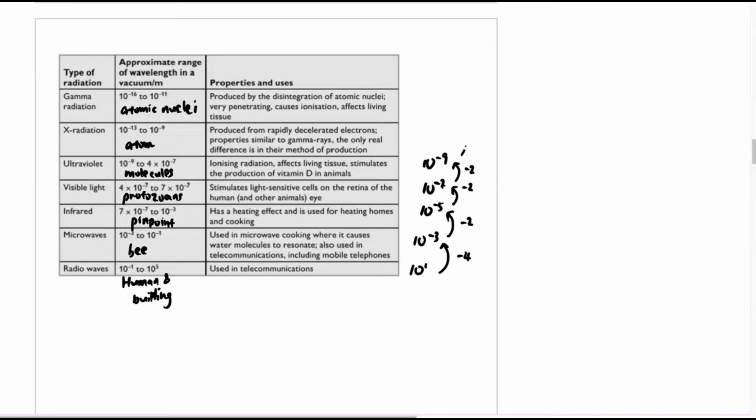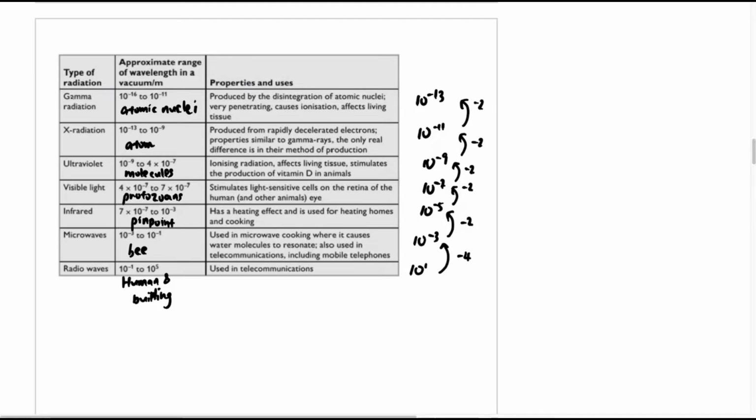Then minus 2 again, 10 to the power of negative 11. Then minus 2 again, 10 to the power of negative 13. So this is one of the ways to remember the values. It's kind of hard to remember, so this is the suggestion. You take it like this. Okay, so minus 4, minus 2, minus 2, minus 2, and minus 2.